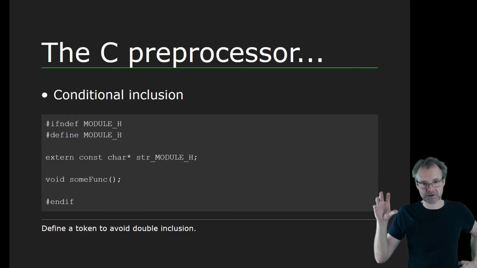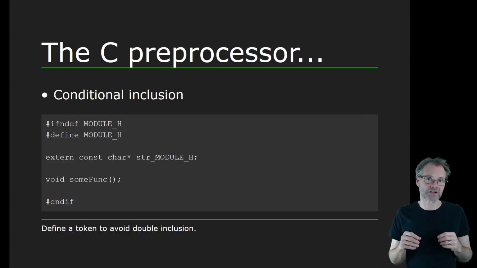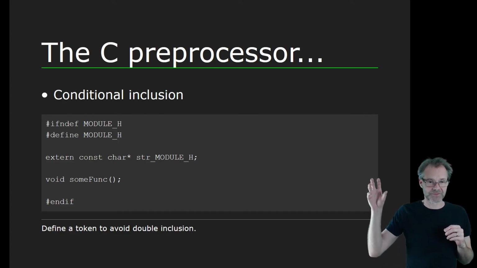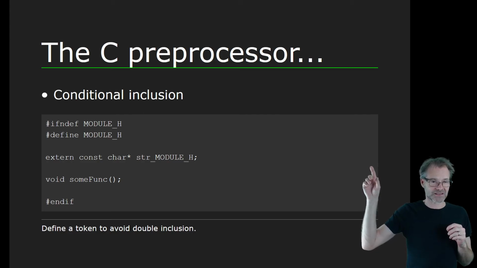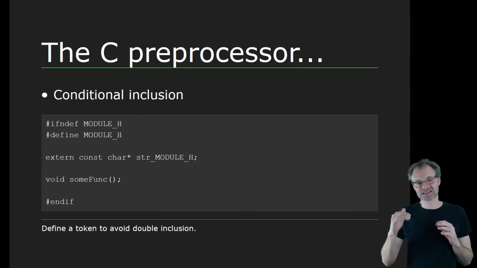This is called a conditional inclusion, and this is generally a pattern or template for how we write our include files. It's checking if the module.h is defined. If it's not defined, we will define it, and then comes the content of the header file, and then it's an endif. So it's an if statement.